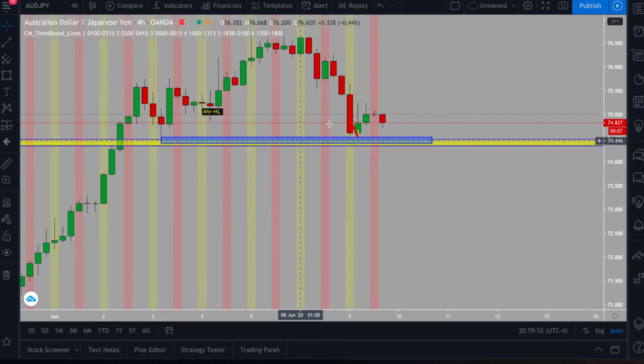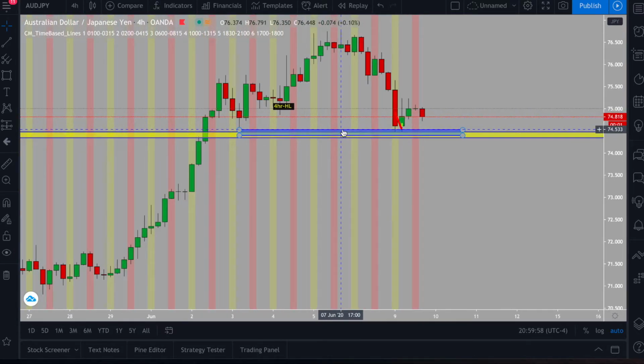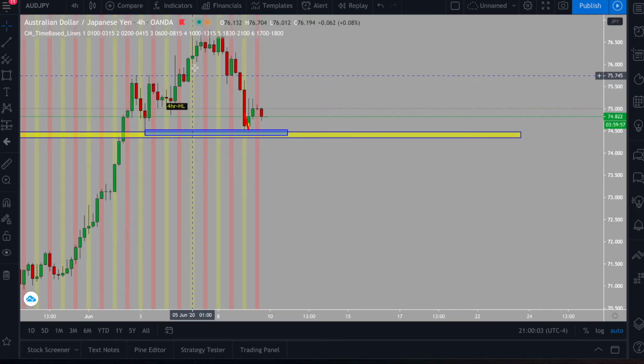So when I saw that price was coming to this daily area, I saw it was actually coming into a 4 hour demand area as well. If you look closely, your 4 hour higher low was here, your 4 hour higher high is right here, right? So price had already broken a 4 hour support here, came down, went up, then created another lower low, making my market flow bearish.